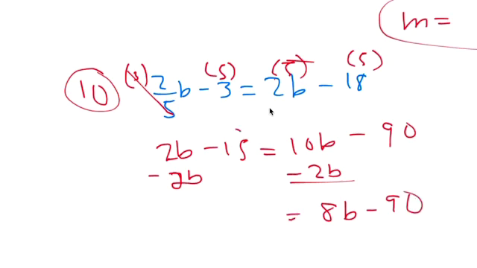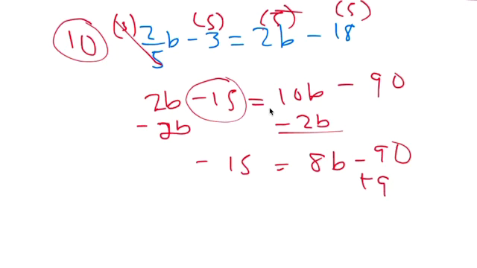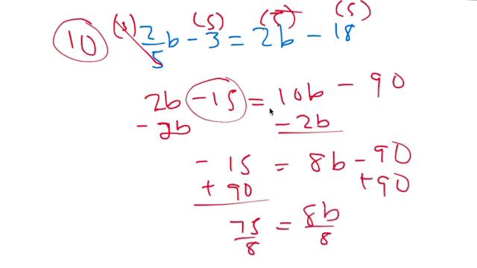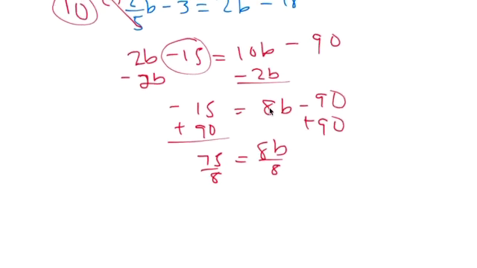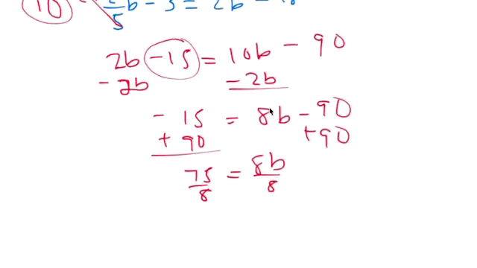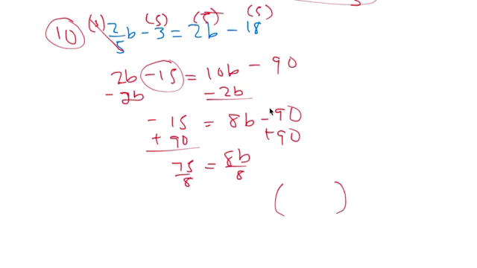Okay, and that's a negative 15. Add 90. 75. Divide by 8. Yep. 75 over 8 is correct. That's B, so it's the second one.